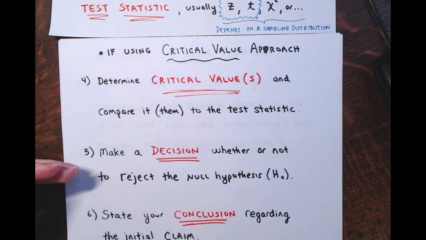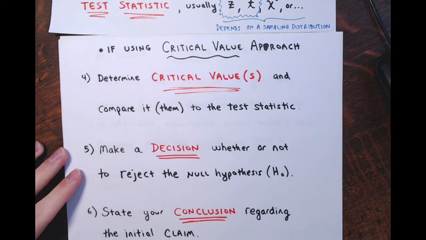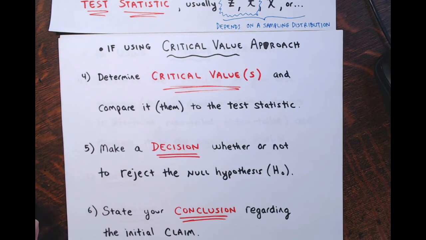Based on that decision, you then make your conclusions, and you state your conclusion regarding the initial claim. Do you have enough evidence to support the initial claim or not?